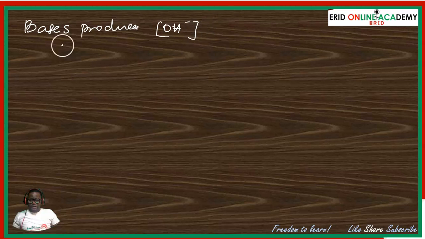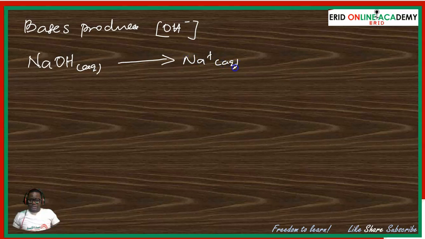Therefore, if a base dissociates in solution to form ions, that is the meaning of the term ionization. If a base ionizes, it's going to produce the metallic positive ion or the ammonium ion and the hydroxide ion.